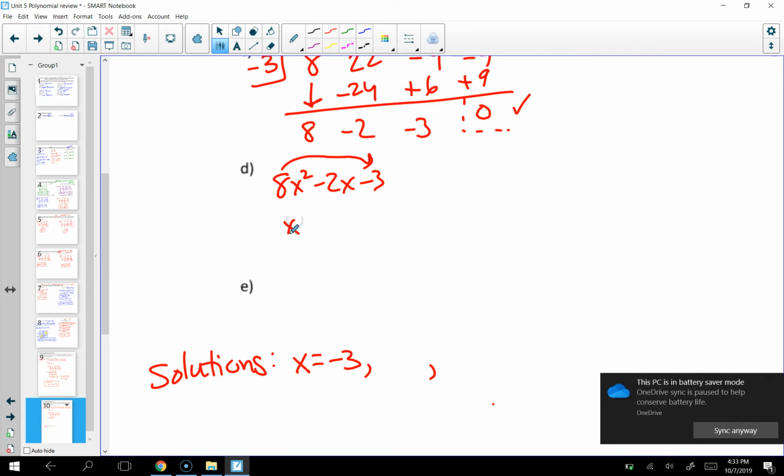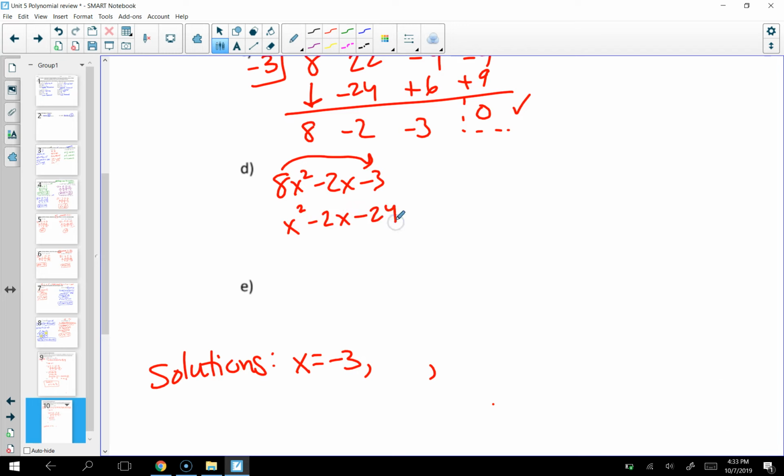So we have x squared minus 2x minus 24. Multiplies to give me negative 24, so a positive and a negative. Don't forget to slide 8 back out. Alright, that's going to be what? 6 and 4?